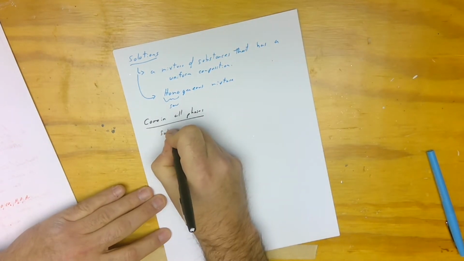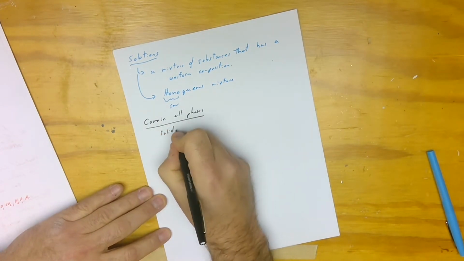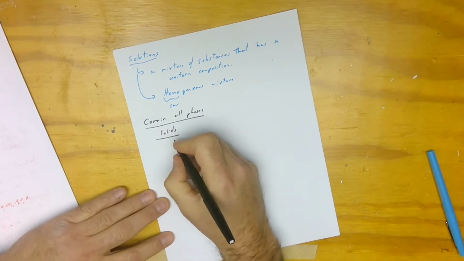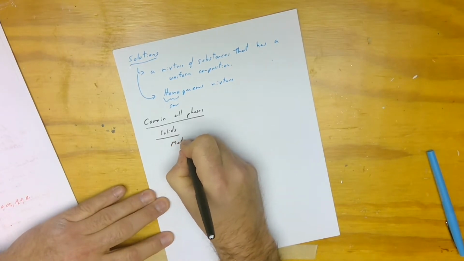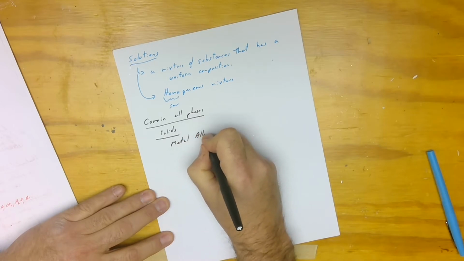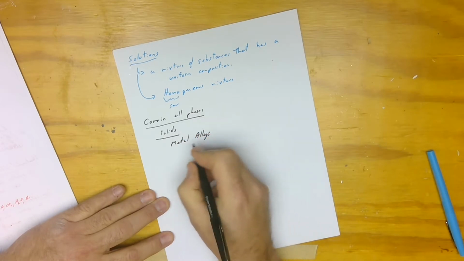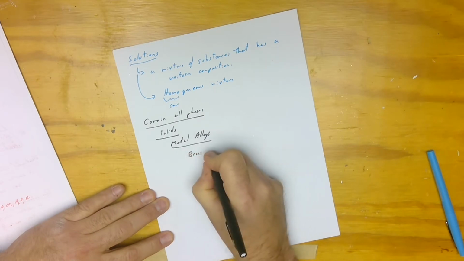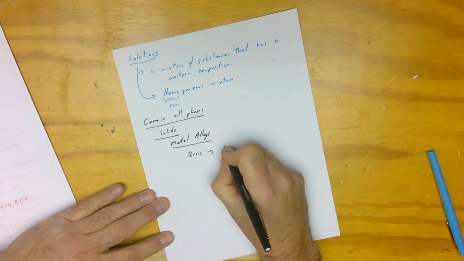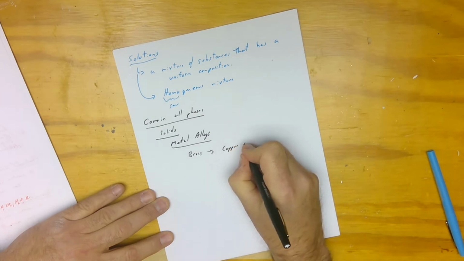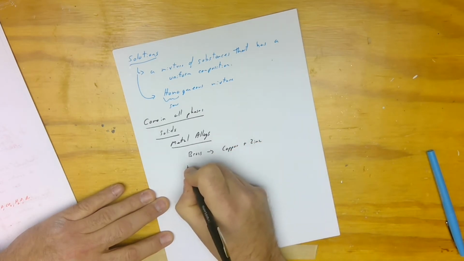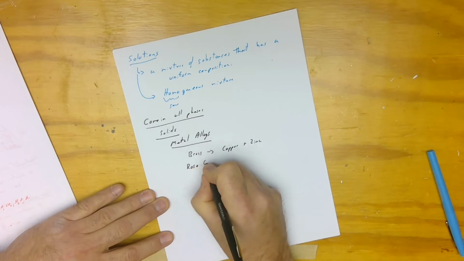So we have solid solutions, and I think we've talked about these. Solid solutions are generally our metal alloys. So stuff like brass, which is a homogeneous mixture of copper and zinc. I don't know, rose gold.